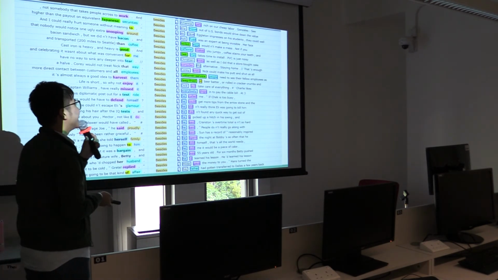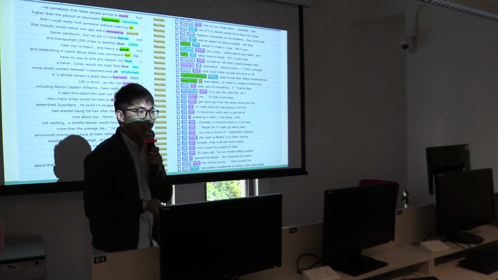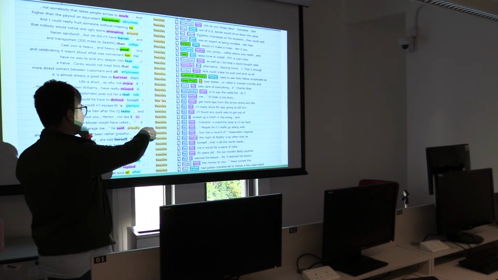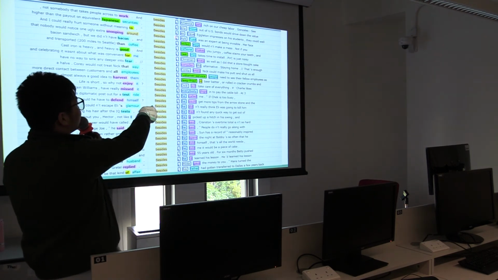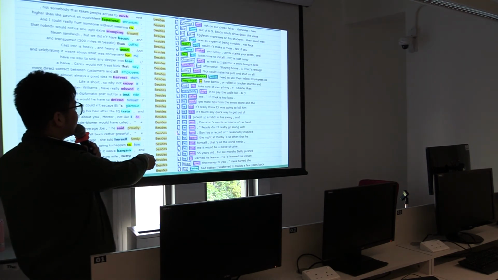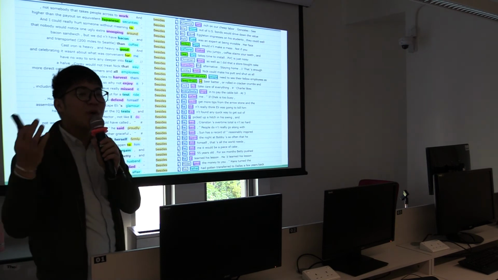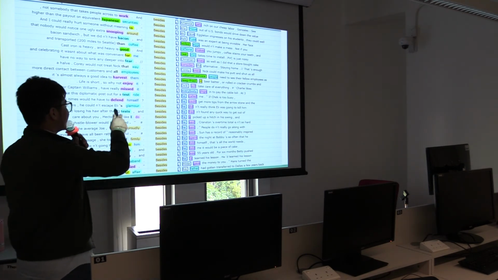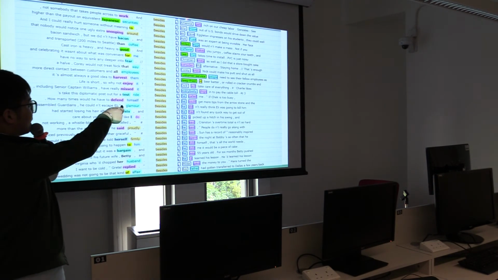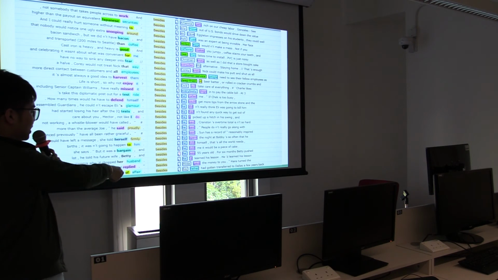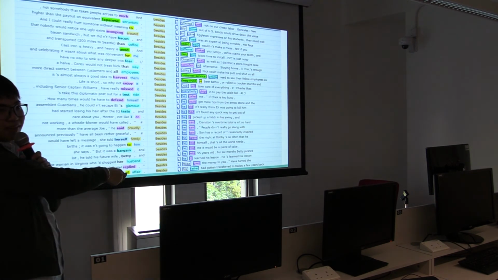So when besides is used as an adverb, it is used at the beginning of a sentence, followed by, what is this? Comma, followed by a comma, and the blue one, what are these? It's a subject of a sentence, right? A subject of a clause, and the verb, okay?